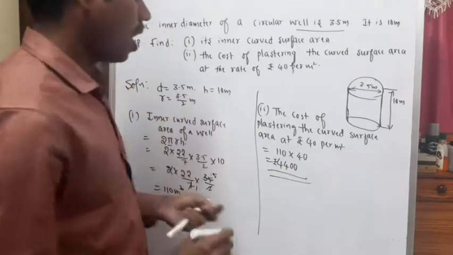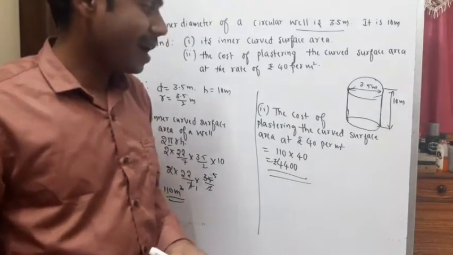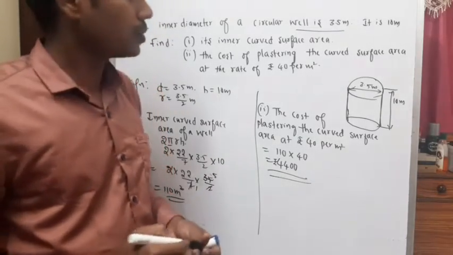So this is the cost of plastering the curved surface area at the rate of 40 per meter square. So please note this down.